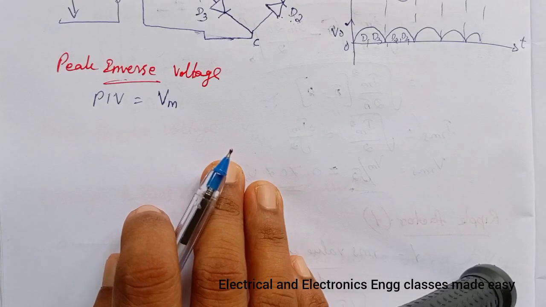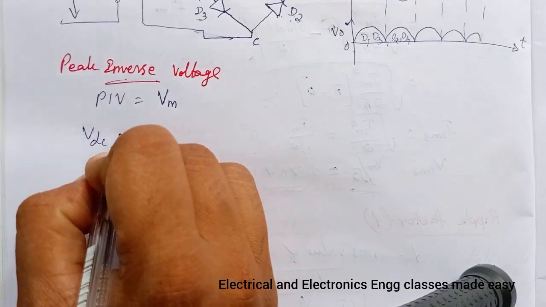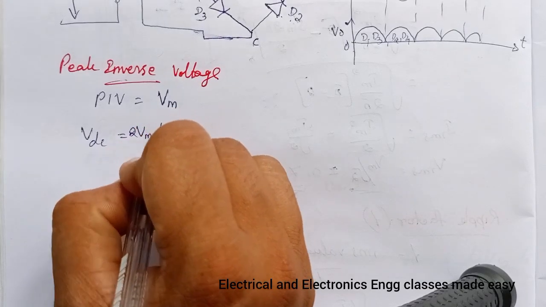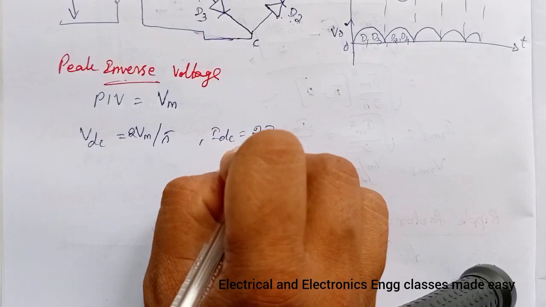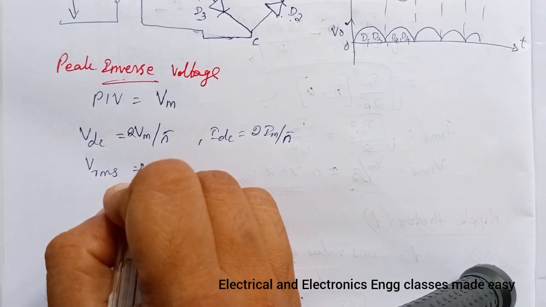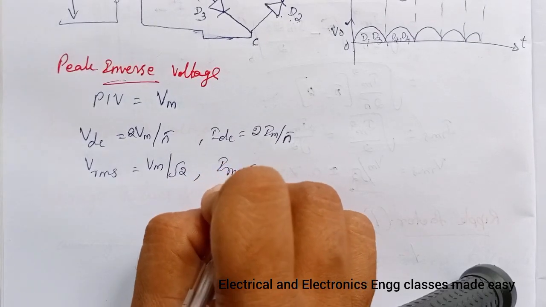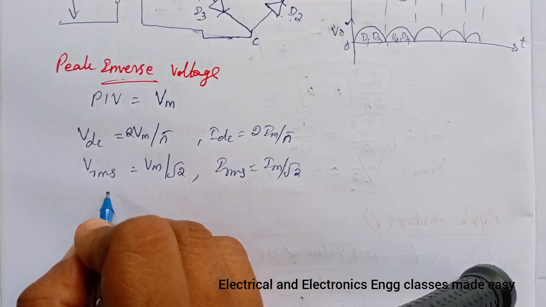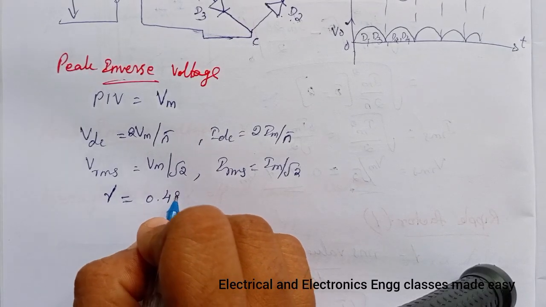And the output DC voltage and current, the RMS values: VDC is equal to 2Vm by pi, IDC is 2Im by pi, Vrms is equal to Vm by root 2, IRMS is equal to Im divided by root 2, and also the ripple factor gamma is equal to 0.482.